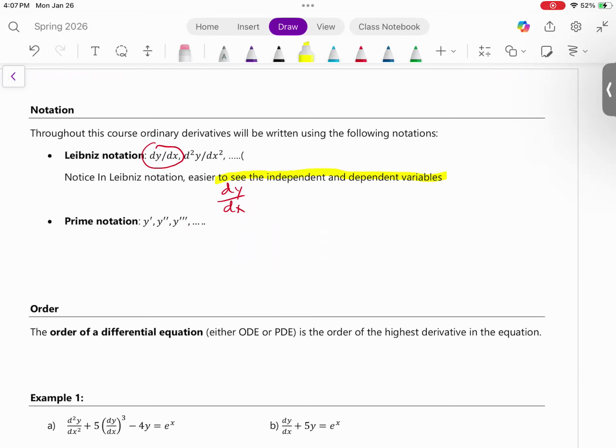So here you would know that the independent is x and the dependent is y. But that's mainly the positive of Leibniz notation. Otherwise, it's prime notation, just y prime, y double prime, y triple prime could be like x prime, x double prime, x triple prime, and so forth. But that's just notation of differential equations.